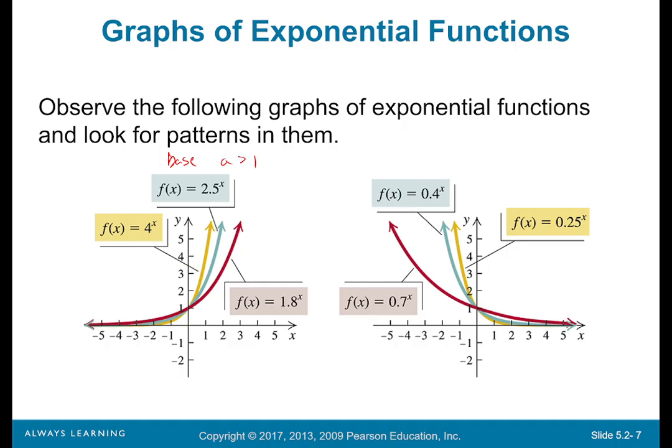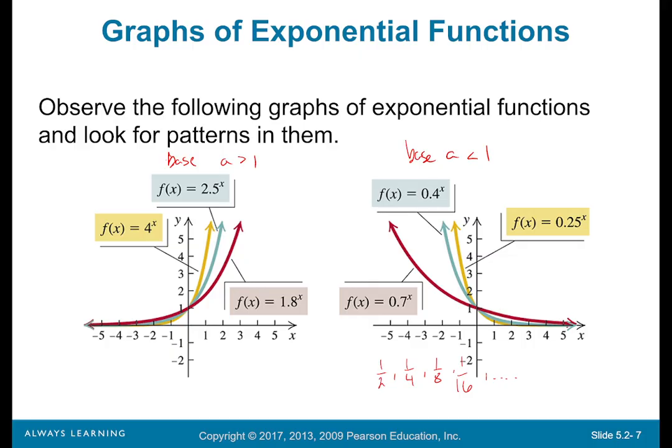Now, on the other hand, when we have a base a less than 1, we actually see our function decline. It starts off really large, and it goes down towards 0. Remember the fact that whenever you have fractions, and you look at a list of fractions, as the denominator gets bigger, the overall fraction gets smaller.